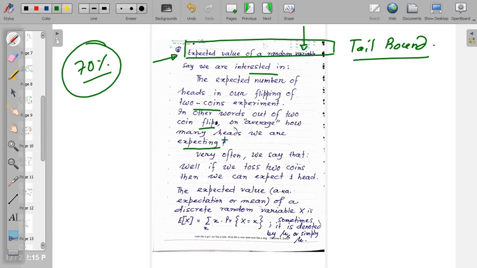Two coins we are flipping, or we can think of the similar experiment of flipping coins one after another. The same experiment. So if you are flipping say 100 coins, how many heads are you expecting?